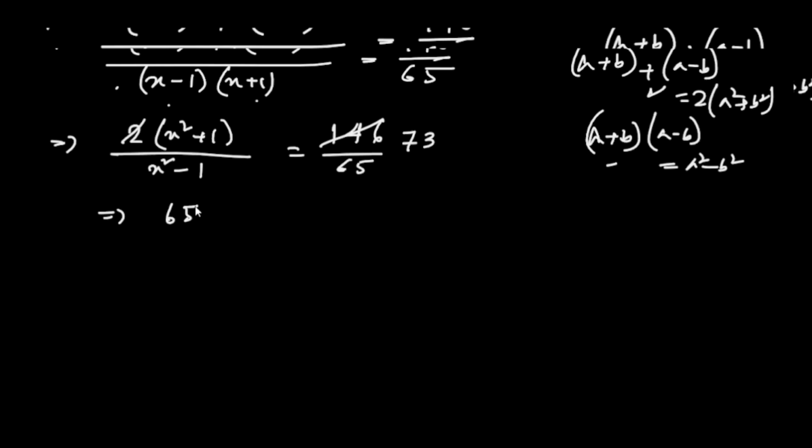That means if I take all the x square related terms, it will become 73 minus 65, which is 8x square. And this 73 will be added with this 65, it will become 138. Now by 2, if I cancel, it will become 4, and 69. So x square equal to 69 by 4.